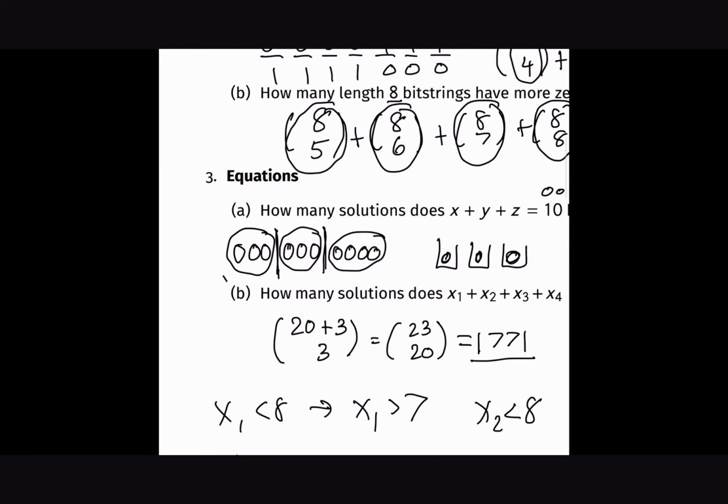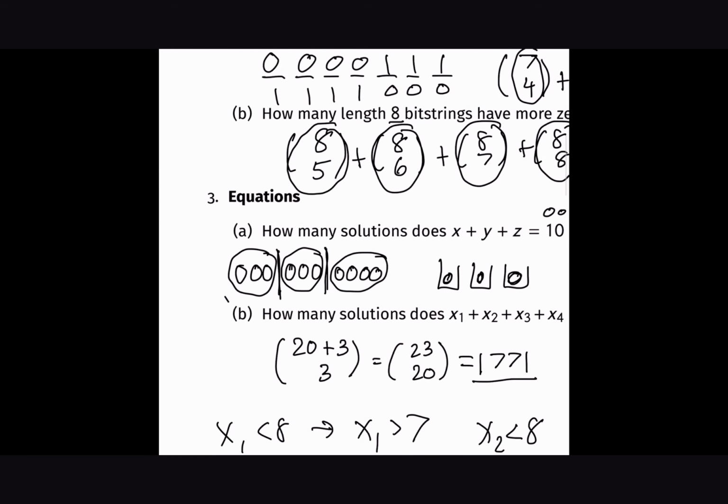So in terms of stars and bars, given that we have 3 bins, this can be denoted with 2 bars. See, in this case, for 10 balls, we could fill in 3 balls for the first bin, 3 balls for the second bin, and 4 balls for the third bin. And the bars split it up into 3 bins. So there will always be 1 less bar than the total number of bins.